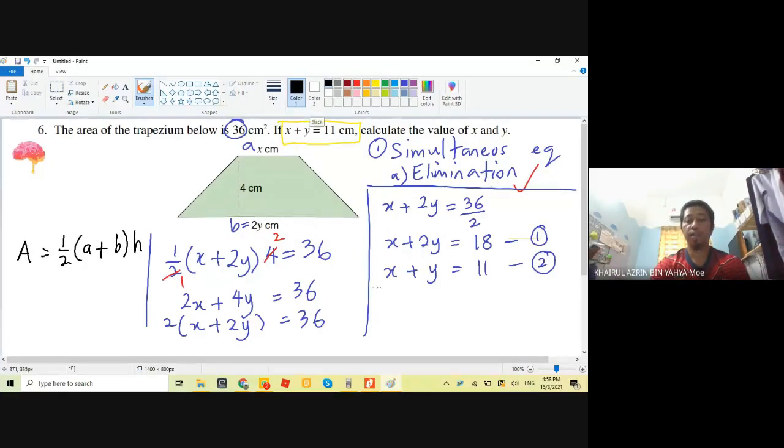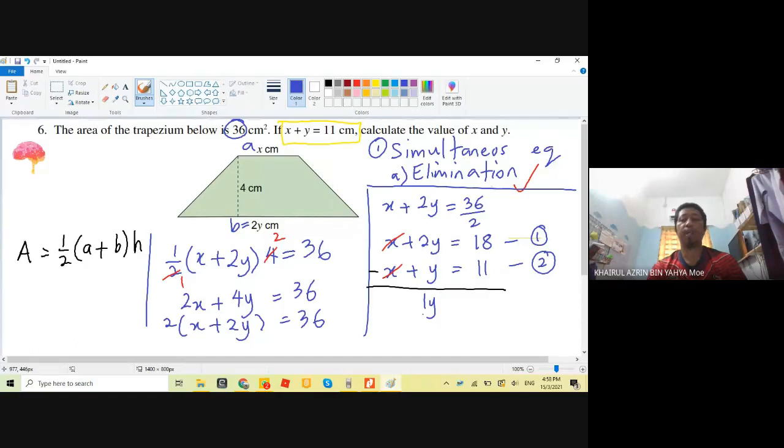So how to solve this? Not difficult. We draw a straight line here. We subtract equation 2 from equation 1. I want to use the elimination method. So x minus x is 0, no need to write it. Then 2y minus y, 2 minus 1, is 1y.